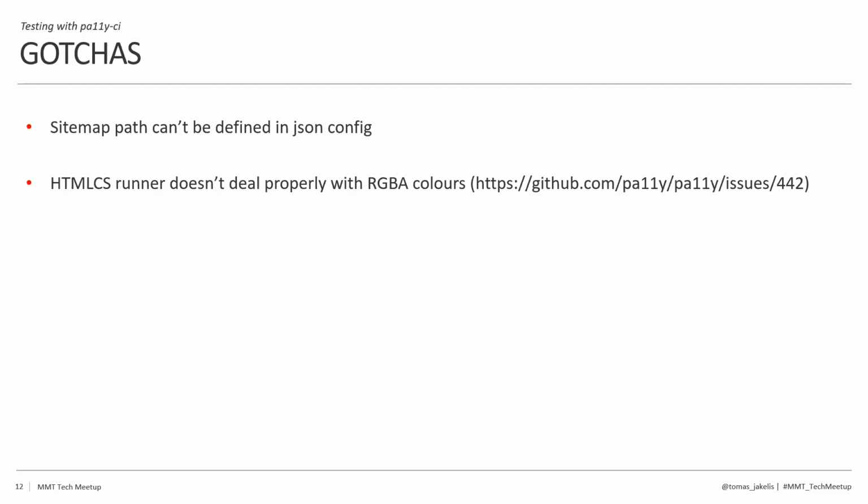It has to be provided on the command line. And the other thing is the HTML CS runner doesn't deal properly with RGBA colors, so the beta version of Pa11y fixes that, but it's still not in a stable release. So if you're going to use it, yeah, keep that in mind.